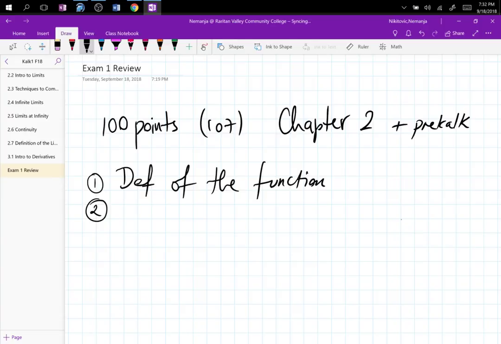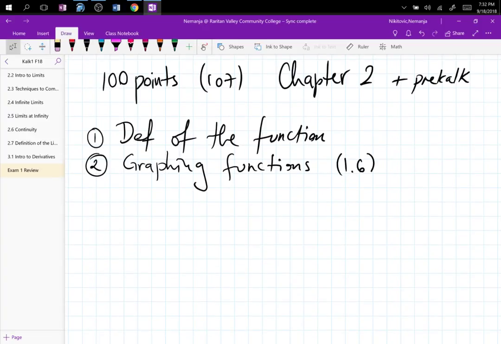It's fine. Number 2, graphing functions by hand with shifts and flips. Now I'm going to put 1.6 and I'll explain 1.6. We don't have 1.6 in our textbook. This 1.6 is for the pre-calculus textbook.